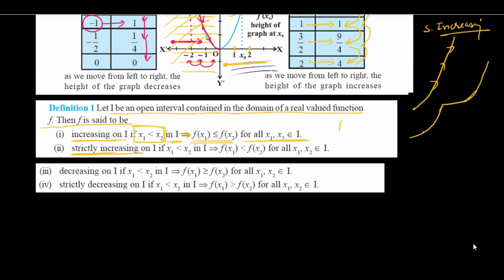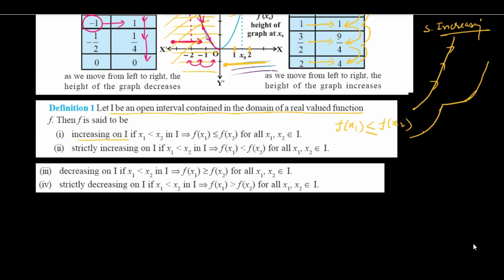For strictly increasing, f(x1), f(x2), we cannot use the symbol of equal. Here you can see, for increasing or strictly increasing, see the definition of increasing.